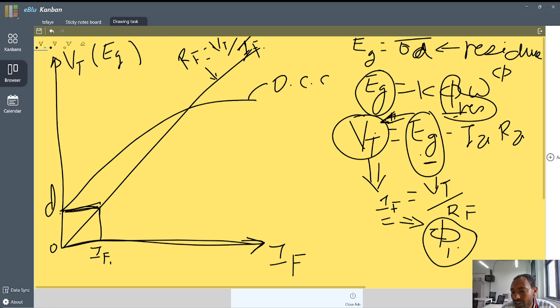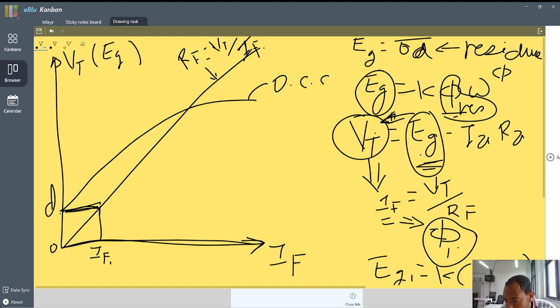The next question is, what is the impact of this phi 1? It increases the magnitude of EG. Let me say EG1 is going to be K times residual phi plus phi 1, times omega.